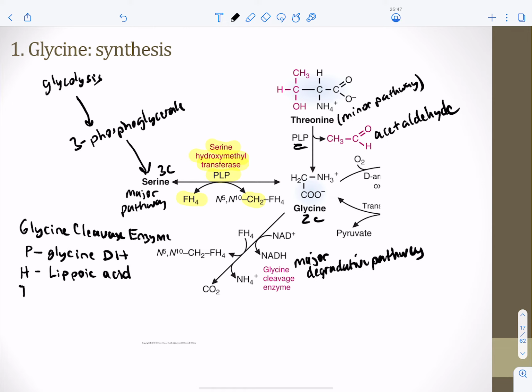It has a T subunit, which is a tetrahydrofolate-requiring aminomethyltransferase. And it has an L subunit, which is dihydrolipoamide dehydrogenase.